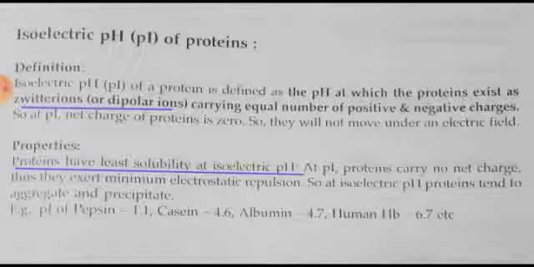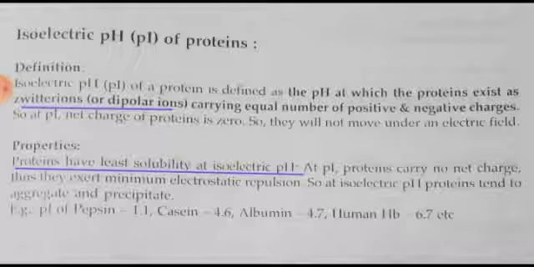Proteins contain amino acids, where the amino group carries a positive charge and the carboxylic acid group carries a negative charge, and the protein contains a varying number of positive or negative charges. They may not be equal in number.